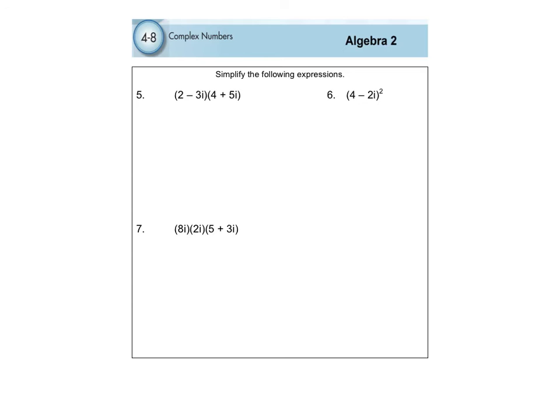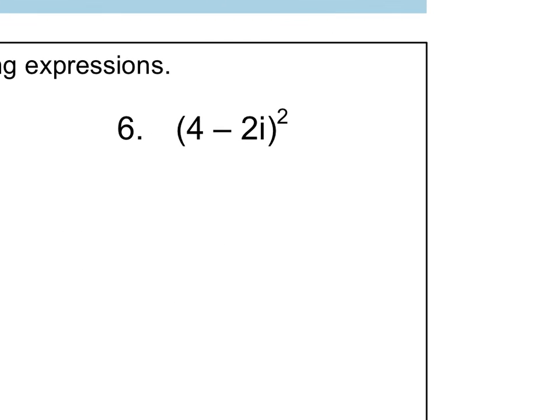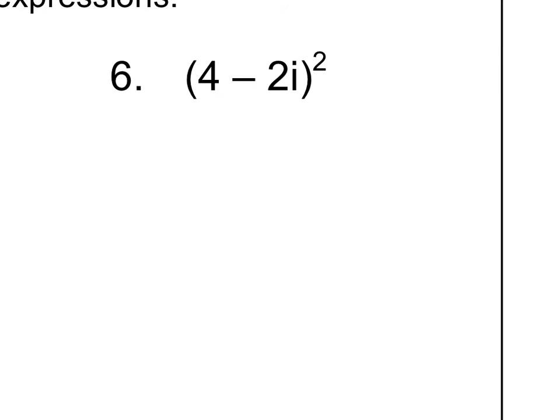Okay, last problem that I want to look at here is problem number 6 in your notes. It's a little bit different than the previous problems. You'll notice it says 4 minus 2i quantity squared. Well, if you remember, x squared, if I write that as a multiplication, that's x times x.